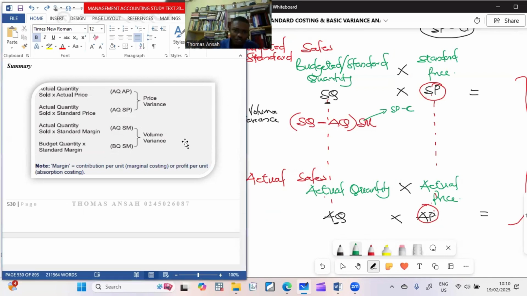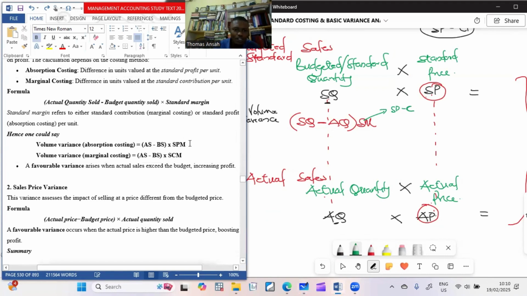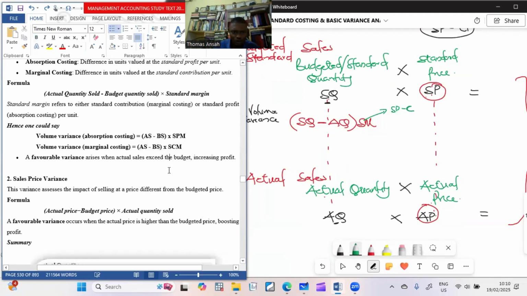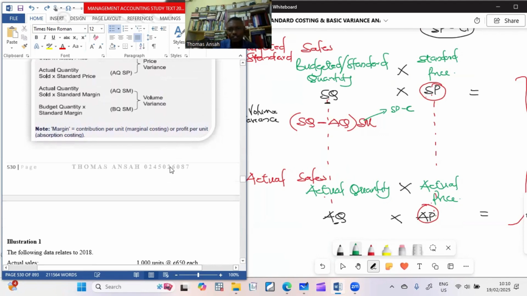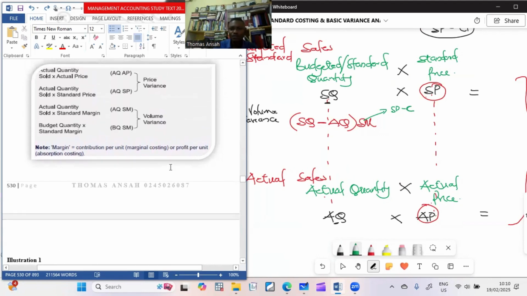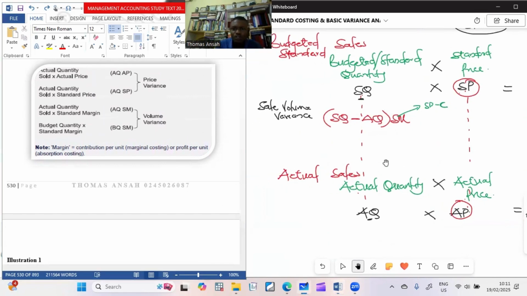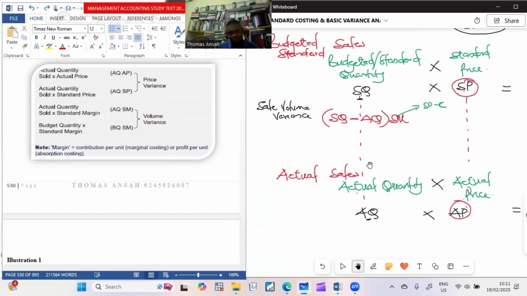So in the book, I personally took it upon myself to use these ones. All right. So basically, that is that. You have to be very, very careful about it. So when you do that, you get your sales volume variance. I want you to understand that it is about the volume. The SM is constant.